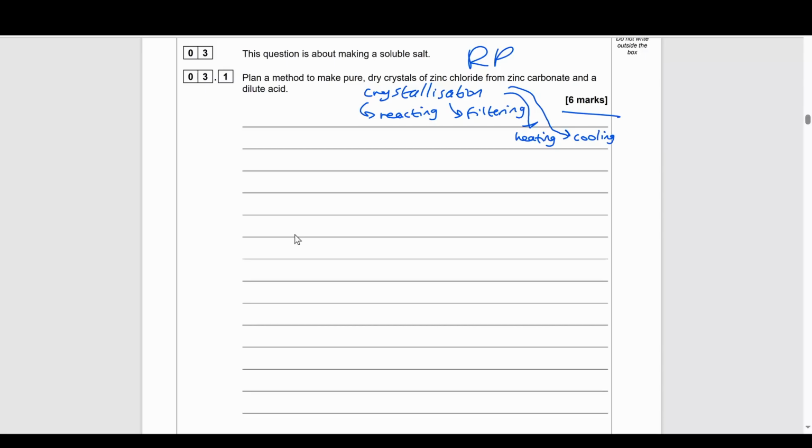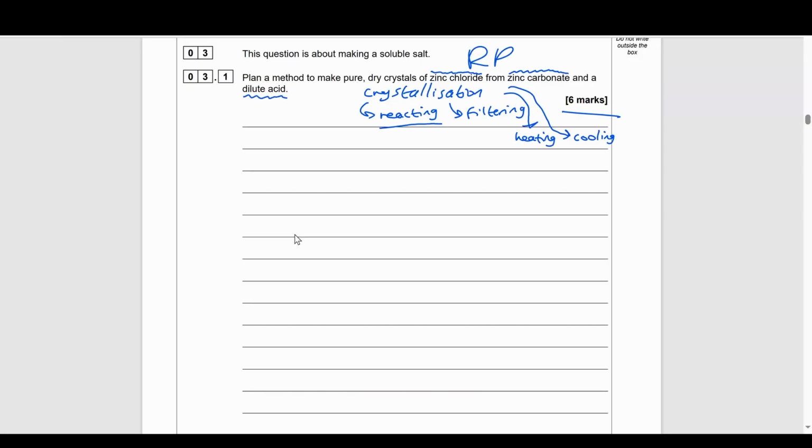So let's read it again, and then let's think about what we could actually be using in terms of reagents now. So what are we going to actually be reacting? Because that's what we're starting off with. Well, we want to make zinc chloride. We're going to start with zinc carbonate and a dilute acid.